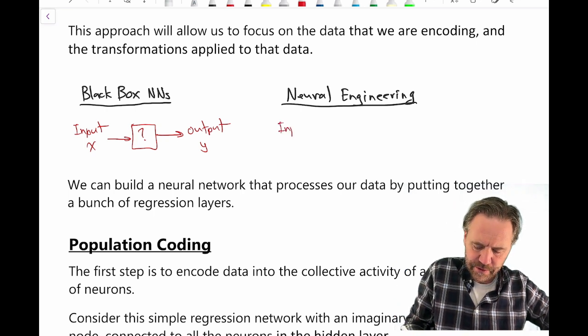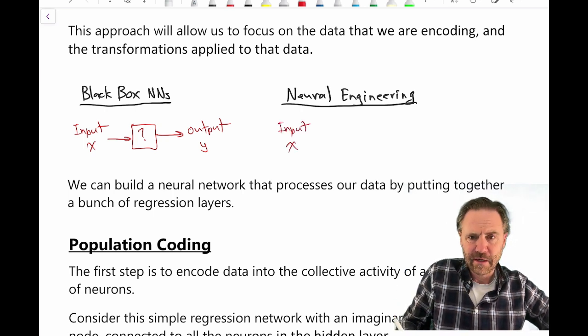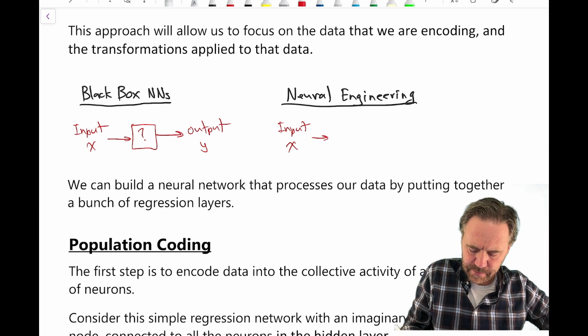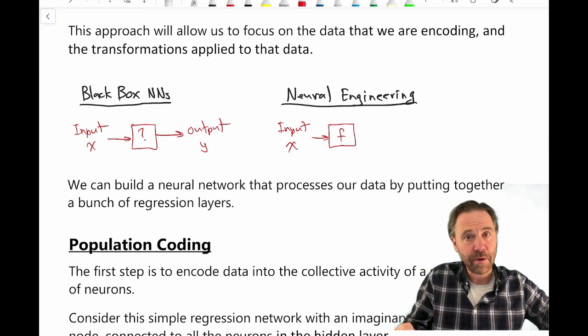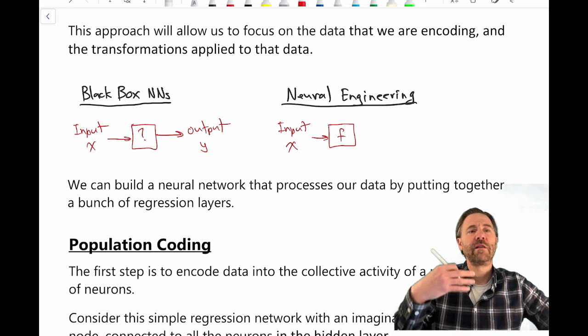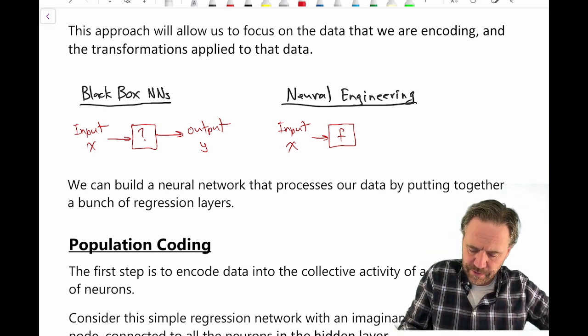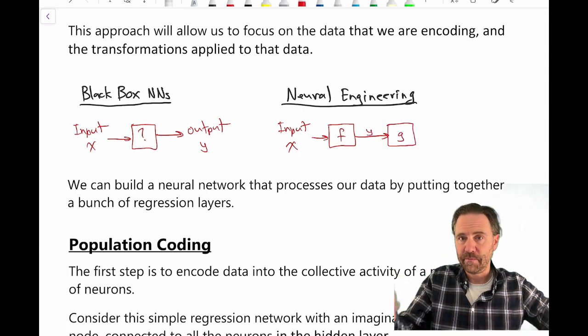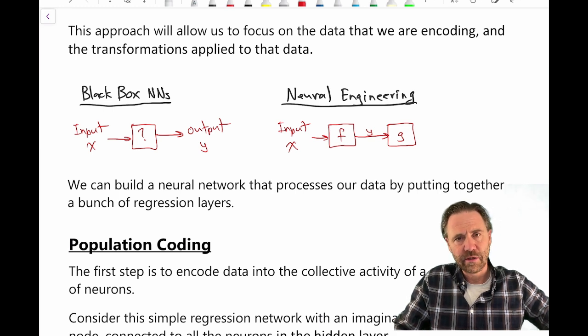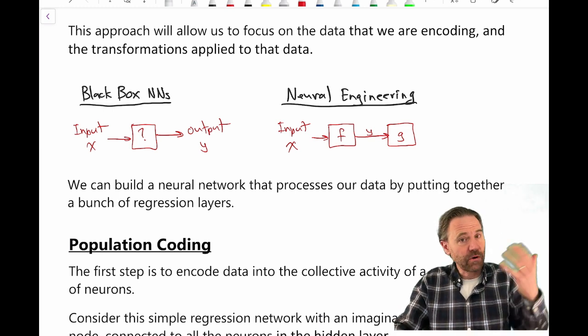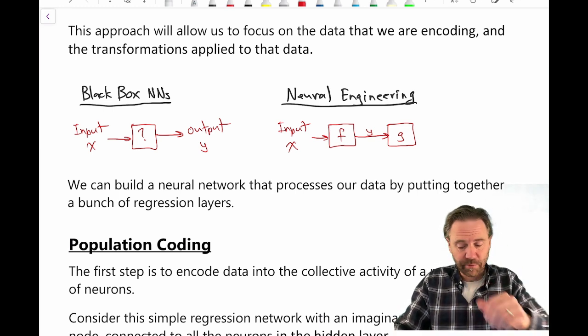You have your input, X, and it's going to go into some box, but it's not going to be a black box. It's going to be a box for which the function that's evaluated is controlled by us. It's going to have some output Y, and then that output goes into another population, G, for which we prescribe what function we want that population to perform as well.